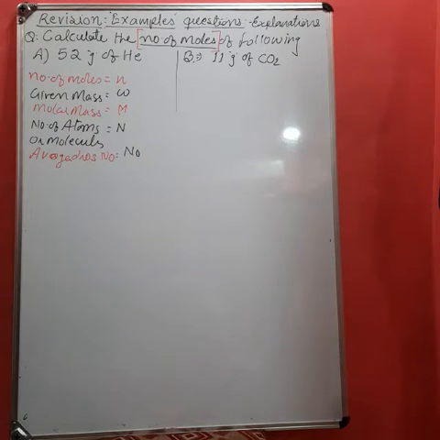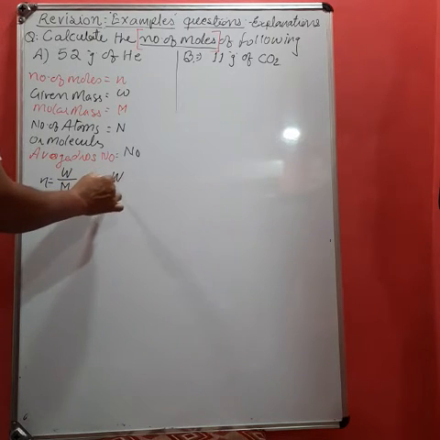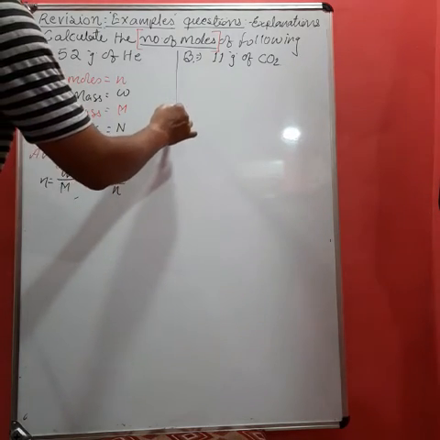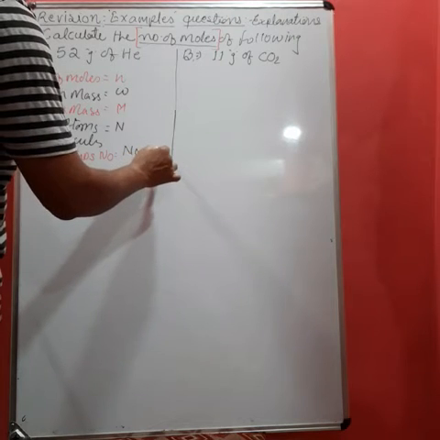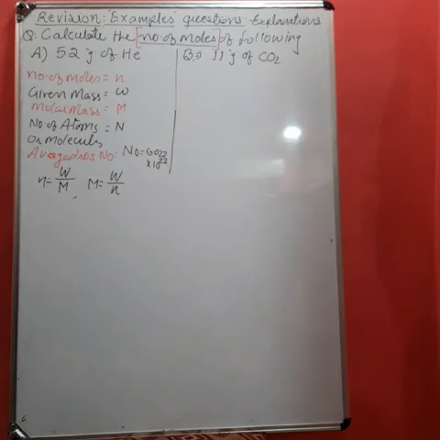Okay, now what is the relationship between them? The relationship is: number of moles, that is n, is equal to given mass, that is W, divided by molar mass. This is one of the formulas, isn't it? Or we can say molar mass is equal to given mass divided by number of moles. Again, Avogadro's number is a constant, 6.022 into 10 to the power 23 atoms or molecules.